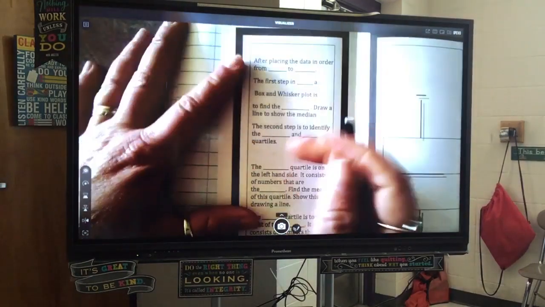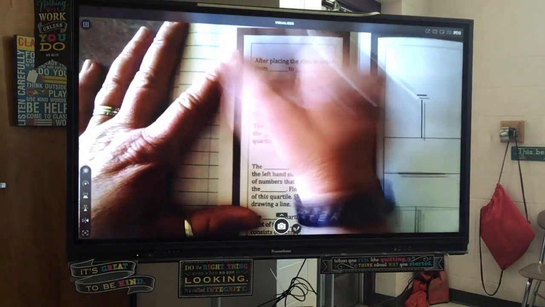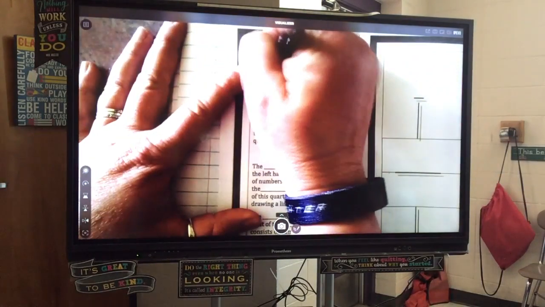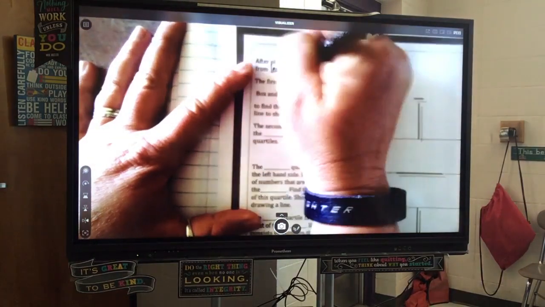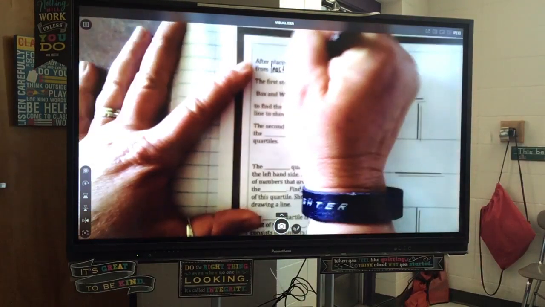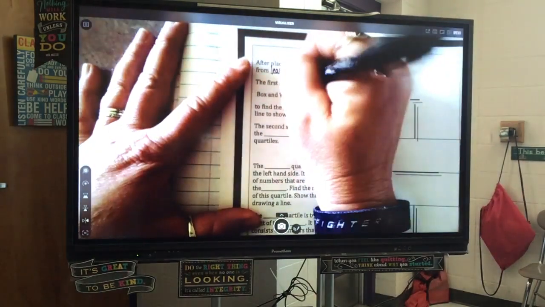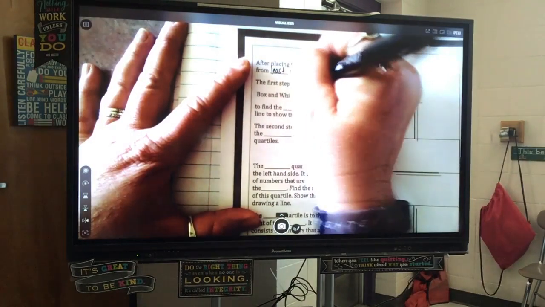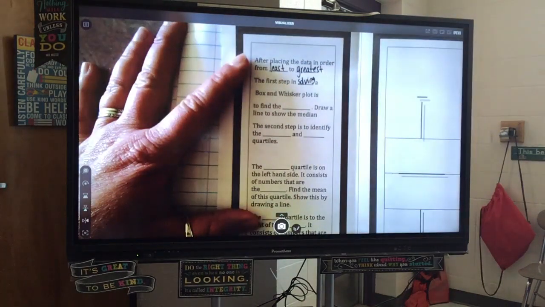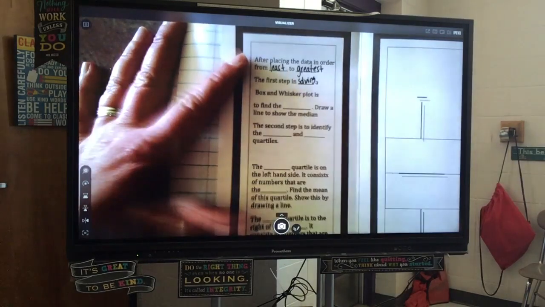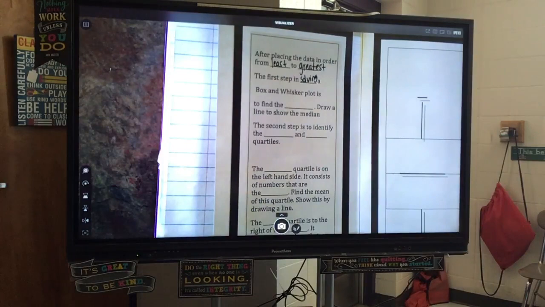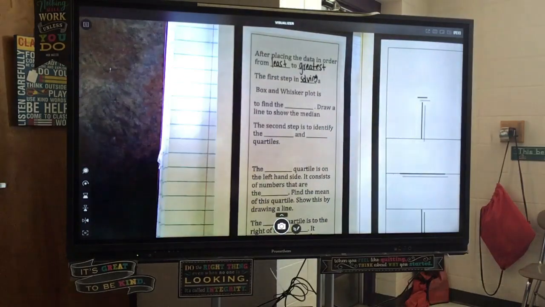So it says, after placing the data in order from least to greatest, the first step in solving a box and whisker plot, or a box plot, and I apologize that these lines are so little. There's tons of different names for it, but you'll hear box plot and box and whiskers.